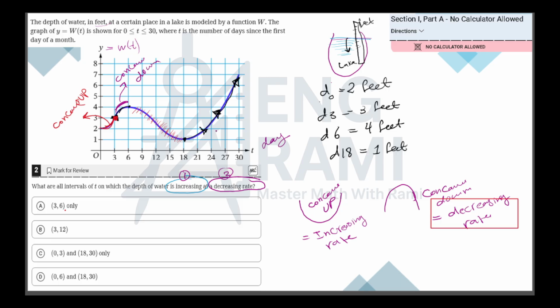And from 18 to 30, it's concave up, which means increasing rate. If you just look at 3 to 6, the amount of water inside the lake is increasing, but at a decreasing rate. So this is what we are looking for. Our interval is 3 to 6. So this is our answer.